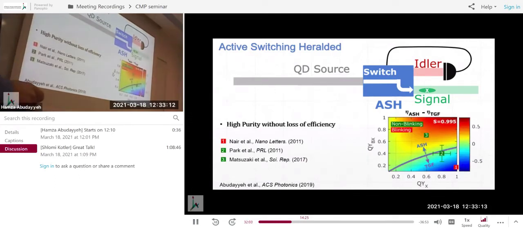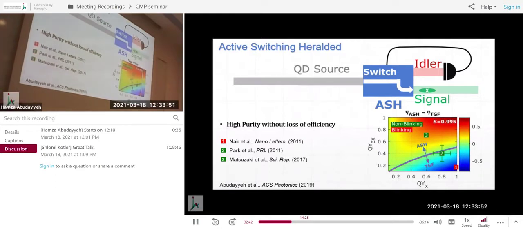If you look at the efficiency of the time-gated protocol I showed you before and compare it to this active switching protocol I just showed you, and plot this as a function of these efficiencies, the probability of getting a photon from the exciton state and the probability of getting a photon from the biexciton state, you see that most of this region is occupied. This color plot is just the difference between these two efficiencies. And you can see that it's more efficient above this line to use this heralded technique, which tells you something: even when the exciton and biexciton quantum yields are low, in some cases it's better to use this.